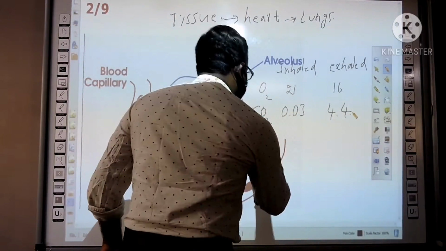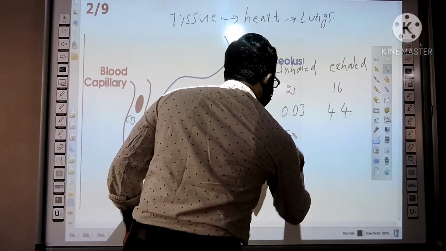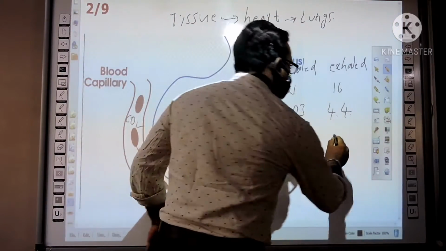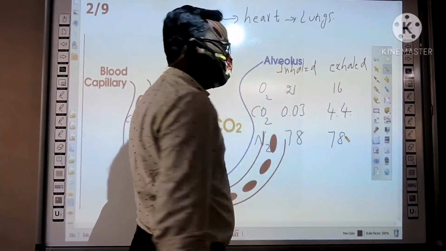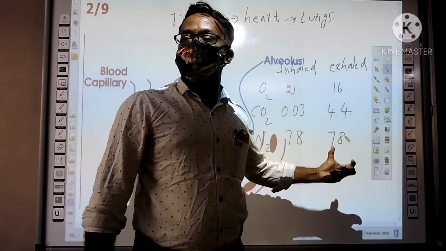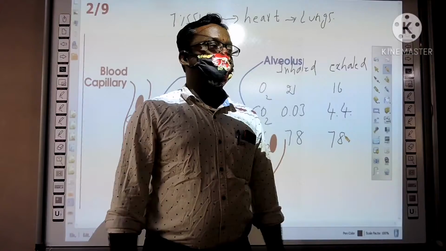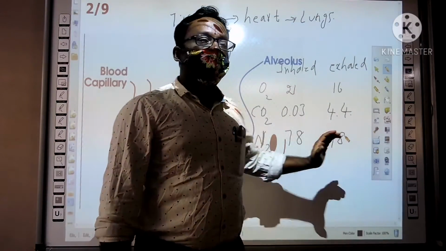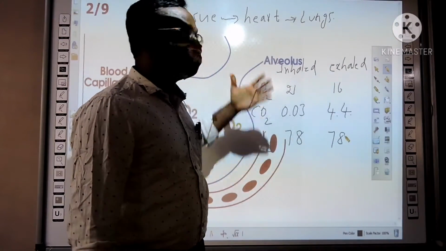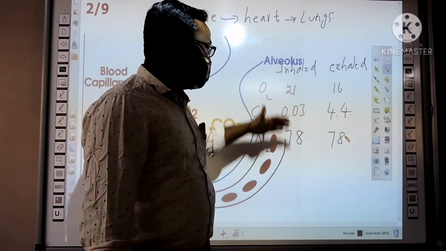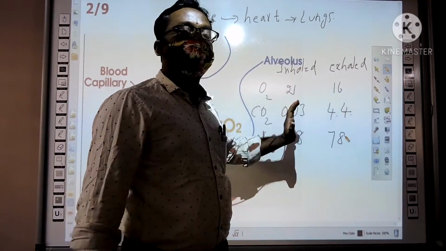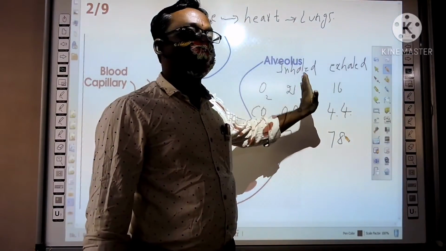Next, nitrogen is also present, usually 78%, and in exhaled air also 78%. Why? Because our body does not use nitrogen in the respiration process. So like this, during gas exchange, we can observe this kind of change in the composition of various substances.